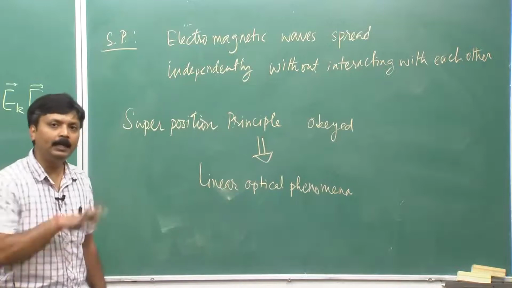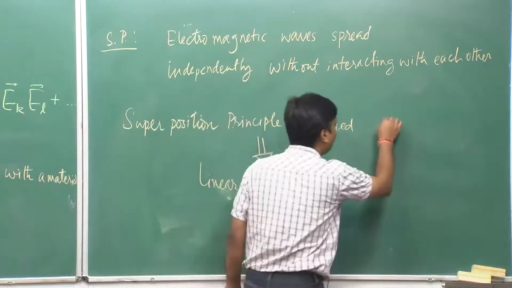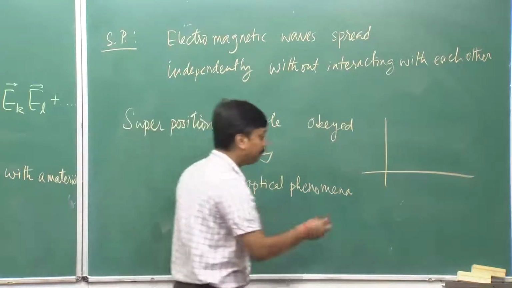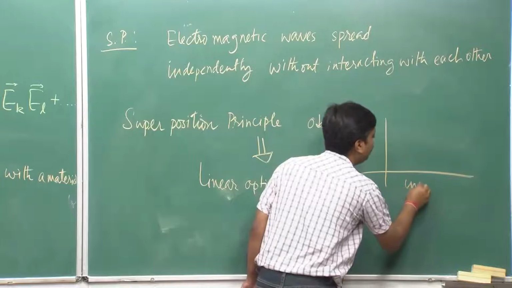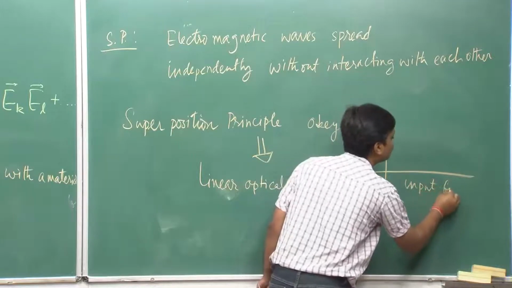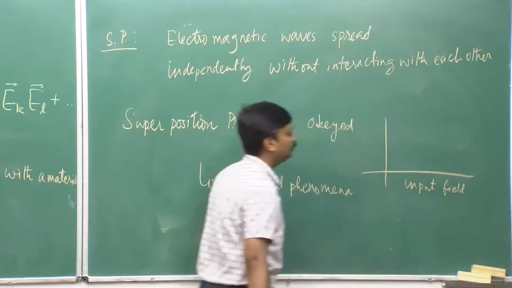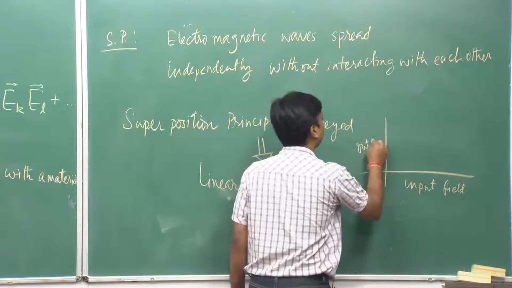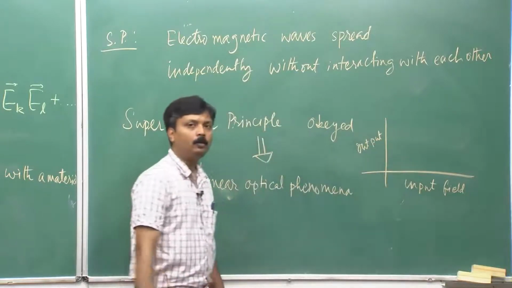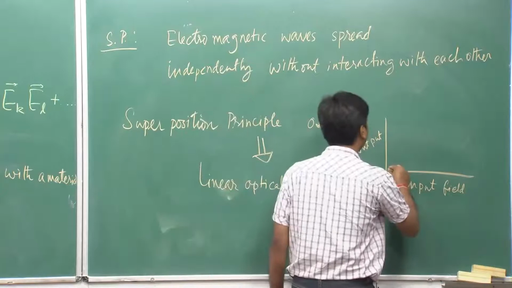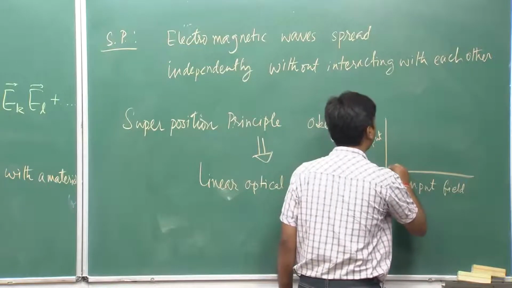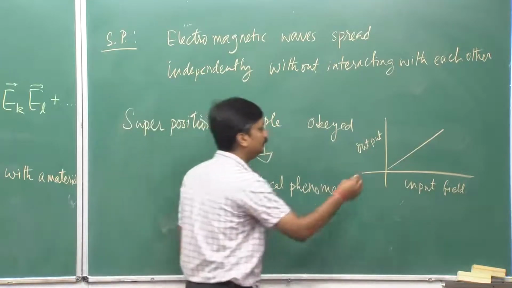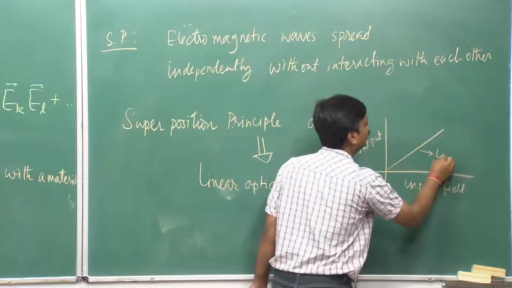And a direct implication will be obtained in your observable, where if you have the input field strength and if you measure the output, what you will see is a behavior like this, and this is linear.